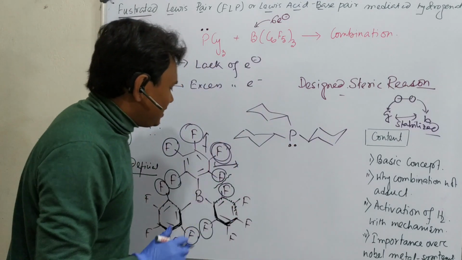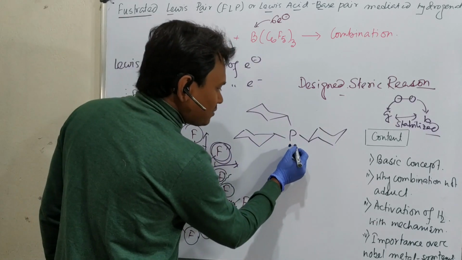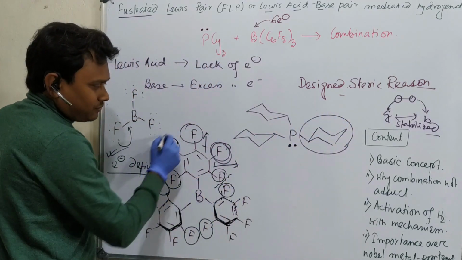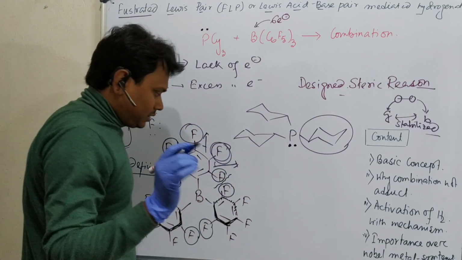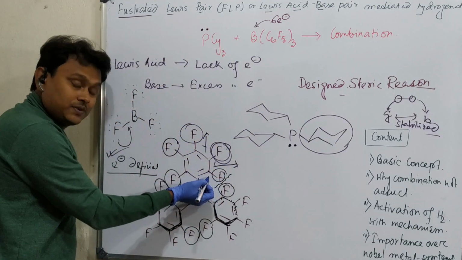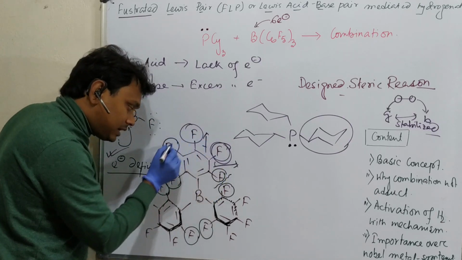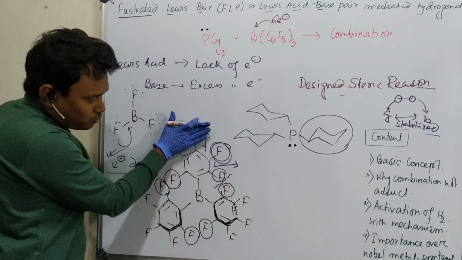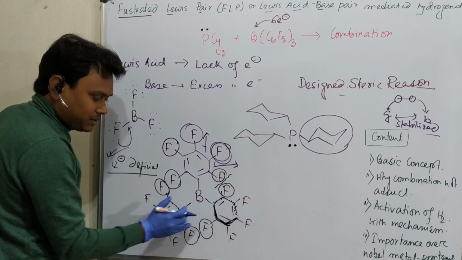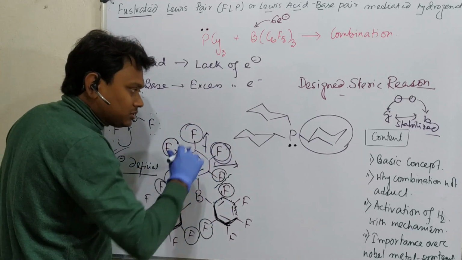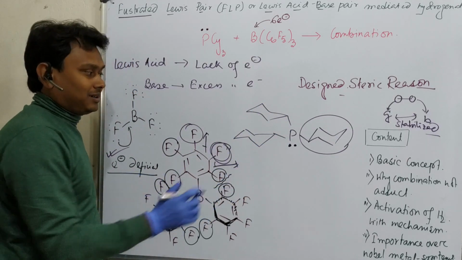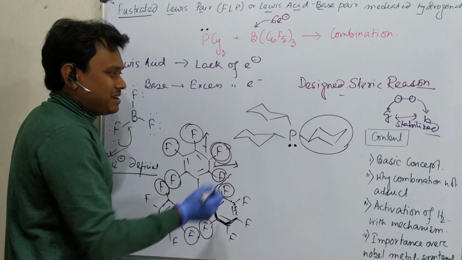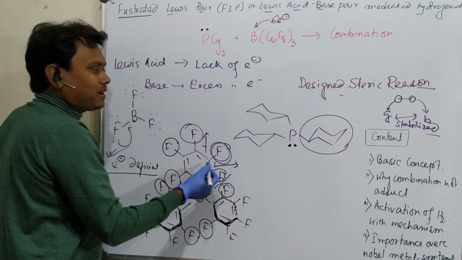I'll explain. Okay, so what did you understand? There is bulkiness, one on the phosphorus side and another from the boron side. See, this is a phenyl group, bulky. Another one, 5 fluorines are there, so this is again bulky. So first of all, one plane is occupied by this, the outer plane is occupied by this. So this boron center is totally surrounded by bulkiness. So it has excess electron density. It wants to give, but because of this bulkiness and this bulkiness, it cannot.